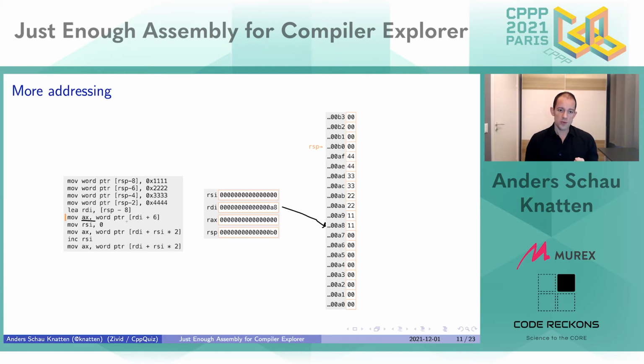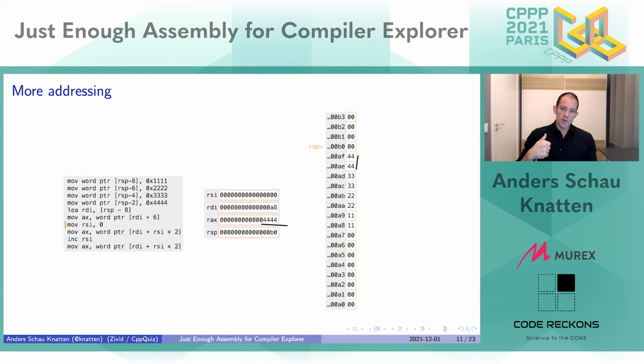And then we do word ptr RDI plus 6. So RDI is our pointer which points down here. We add 6, and then we get an E over here. And then we use the word ptr thing again to dereference it, and we get that value into AX. So these 2 4s were now copied into AX here, which is the lower 2 bytes of RAX.